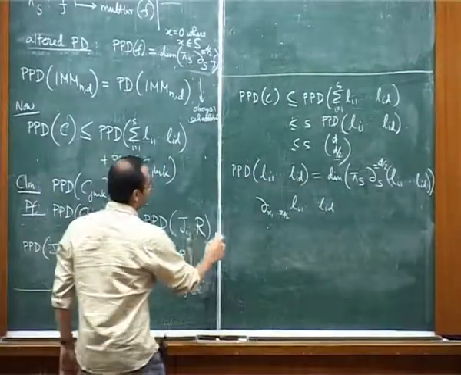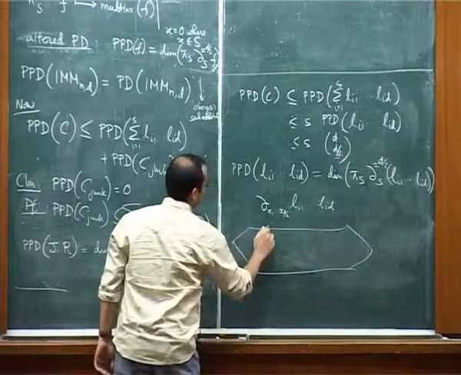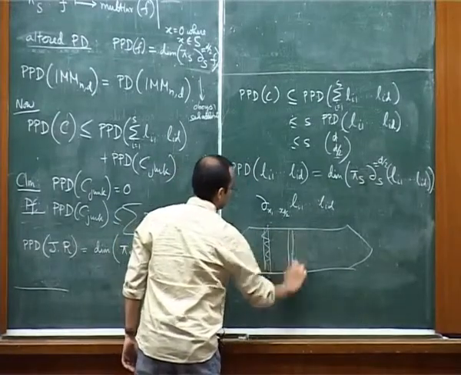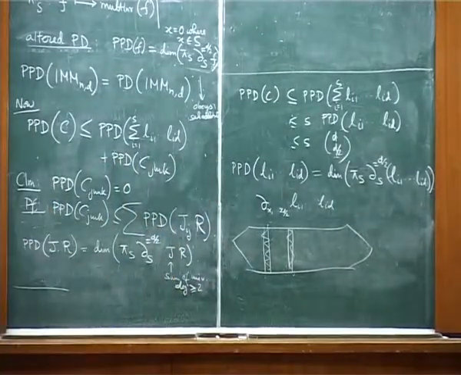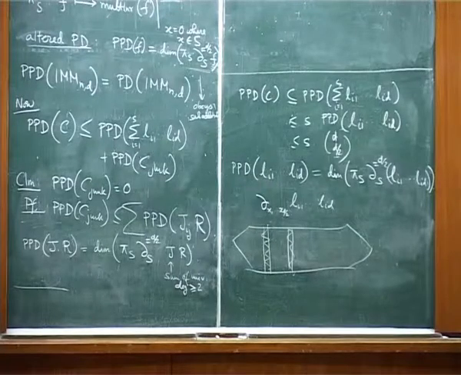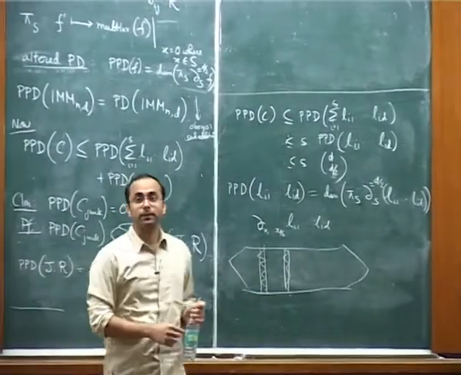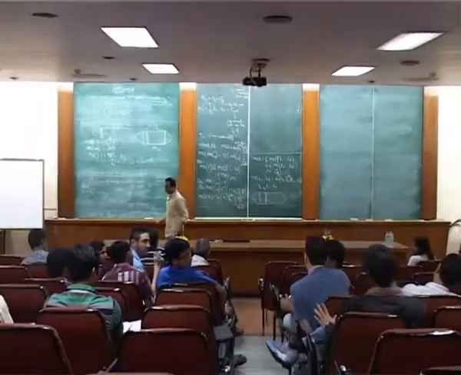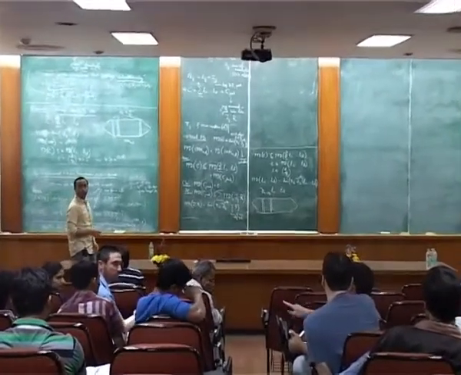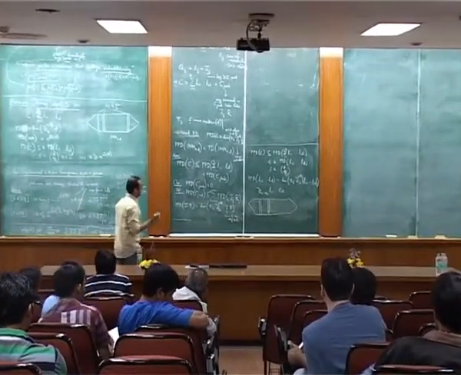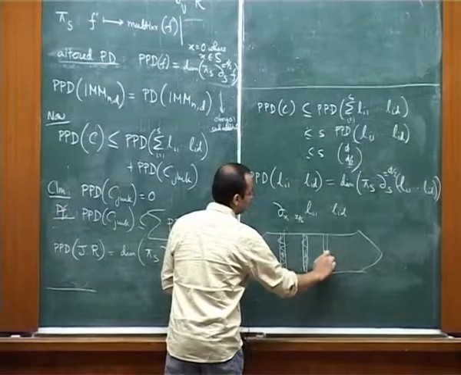It might happen that x1 is here, x2 is here, and you take d by 2 of them, and x d by 2 is here.